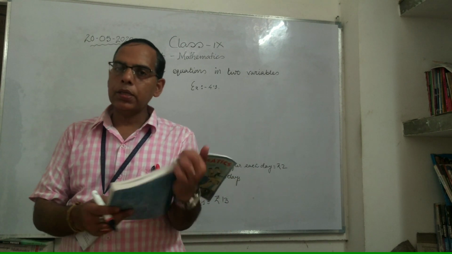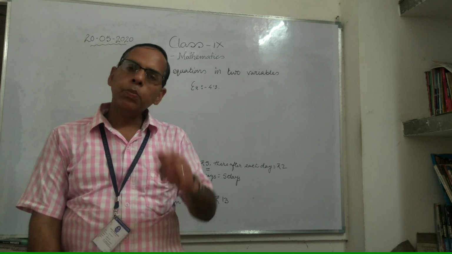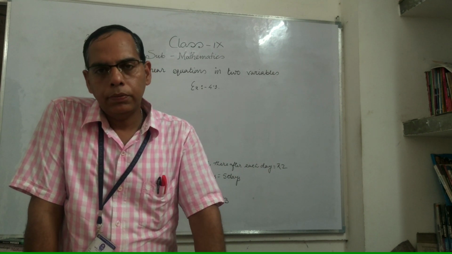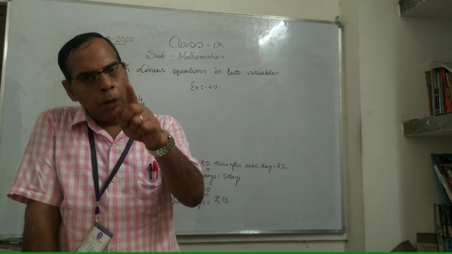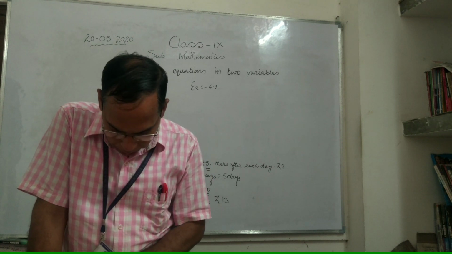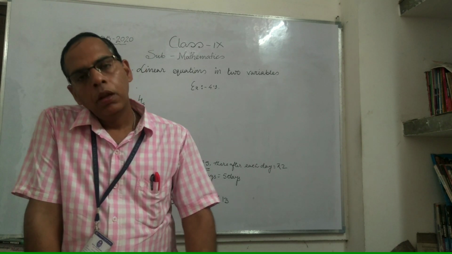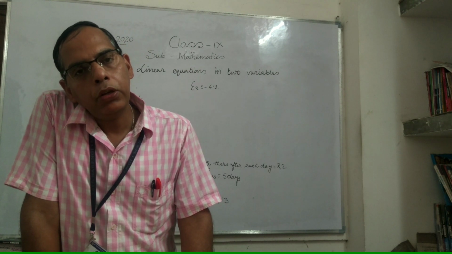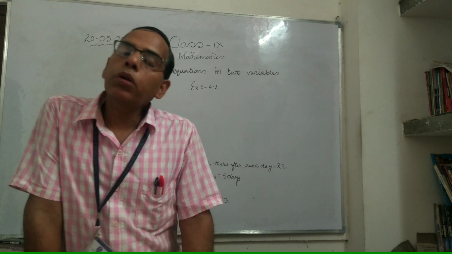Now the total distance is x. Suppose the total distance is 5 km. For the first kilometer, how much have you paid? ₹8. And for each subsequent kilometer you have paid ₹5. Now how to calculate?